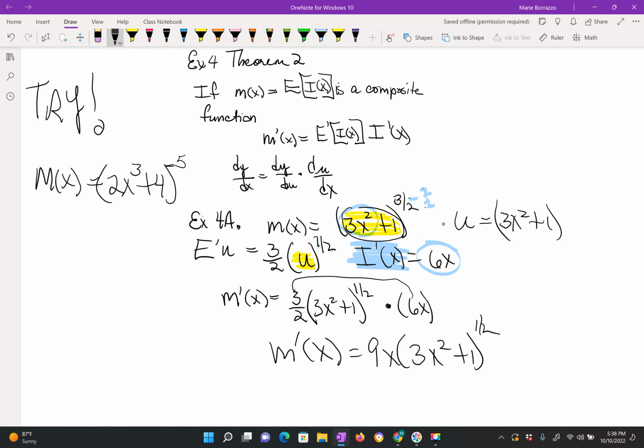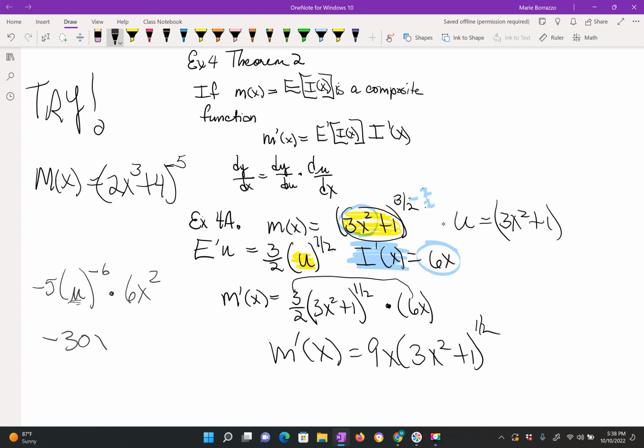Okay, so if you would agree with me, if you want to use a notation, we could do negative 5 u raised to the negative 6, if you want to do it that way. And this is going to be times the derivative of u, which is basically 6x squared. Very good. And so now we reduce it. What do you get?